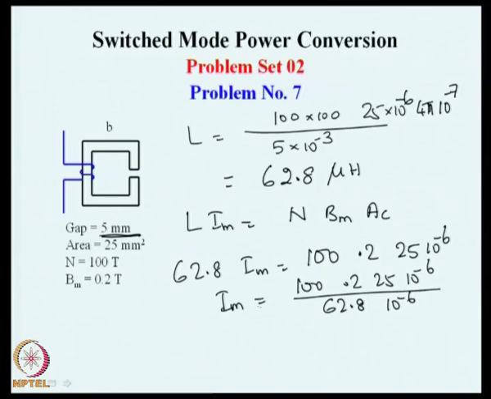Because this is 5 times less, and all the other quantities are same, this inductor will saturate at 5 times the previous current, or 7.96 amperes. It has a lower inductance because of higher reluctance, and because the reluctance is higher, flux will be lower and it takes a higher current to saturate.